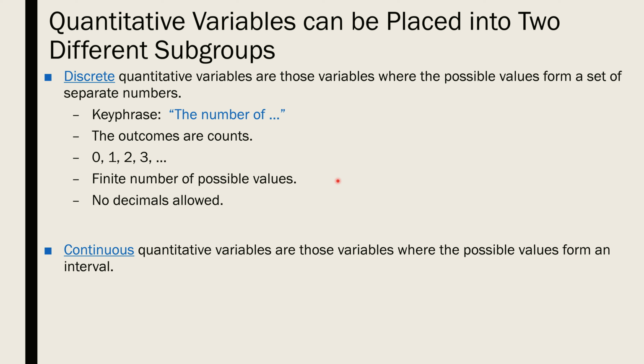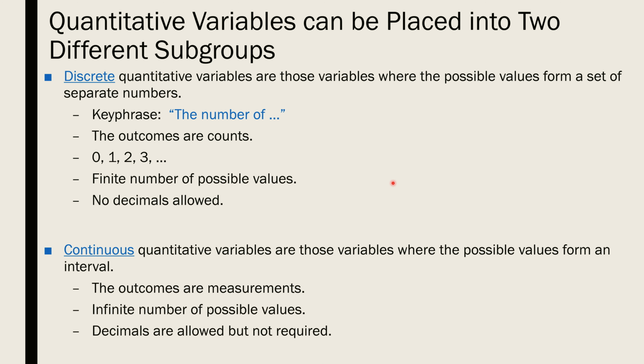The second subgroup is continuous quantitative variables. Continuous quantitative variables are those variables where the possible values form an interval.